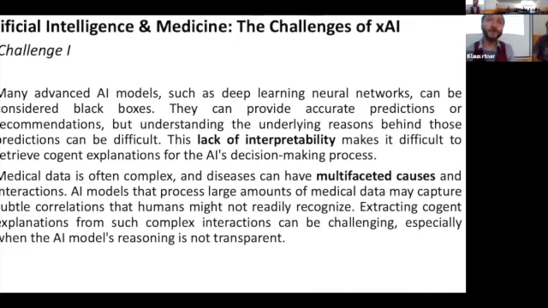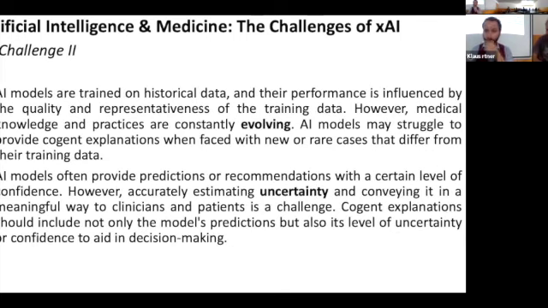So there is this lack of interpretability in these AI models. We know that medical knowledge is always evolving, and the usual structure of these AI models is to make decisions based on the past, right? So we use the database from patients and information that belongs to the past of the world.